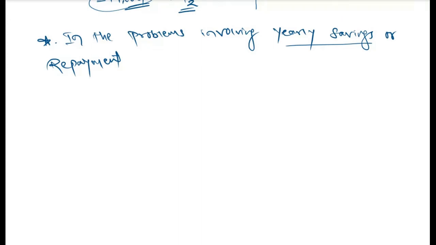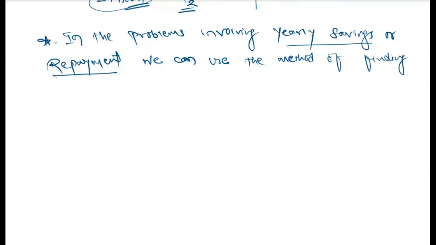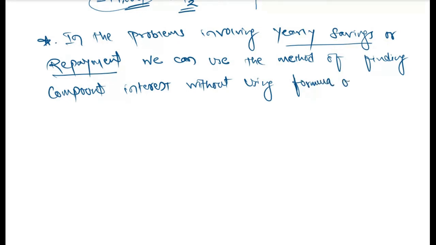In the problems involving yearly savings or repayment, we can use the method of finding compound interest without using formula only. We can only use this method, right?